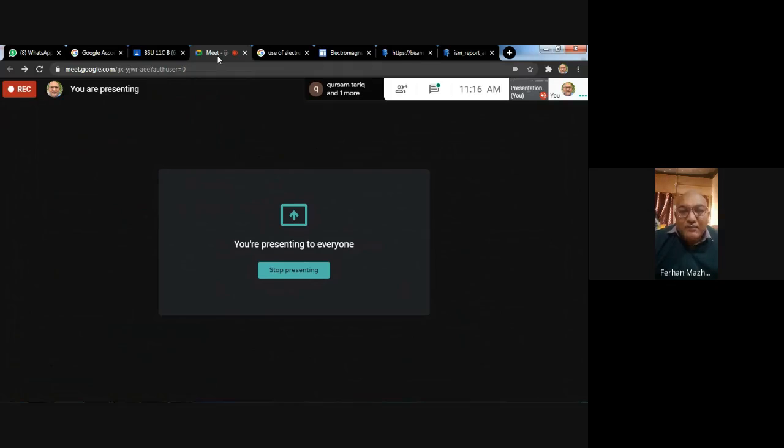But the photos should be not of the whole page, the photos should be of each answer. Very clear photos. If you take the whole page, the photo should be taken very sensibly and it should be very clear. Send it on WhatsApp and send it to me on Classroom.